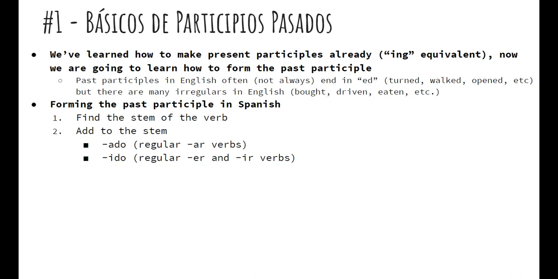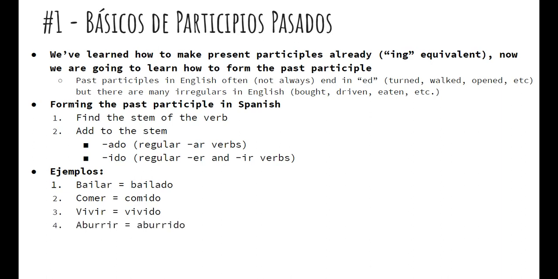Here we have ado or ido. So a few examples. Ejemplos. Bailar, we get bailado. Comer, comido. Vivir, vivido. Aburrir, aburrido. Preocupar, preocupado.